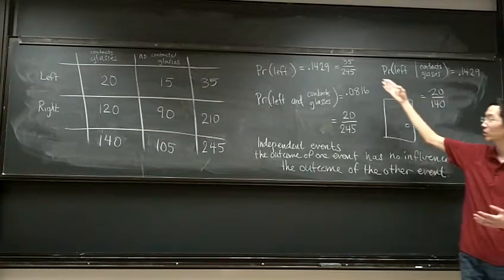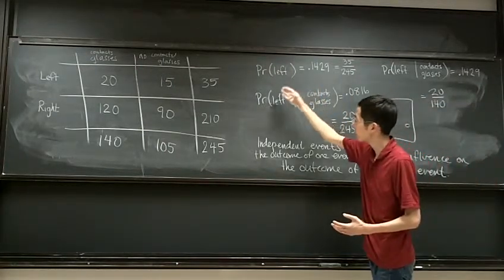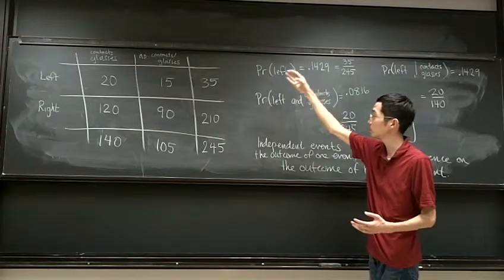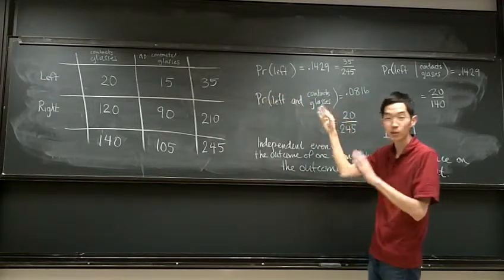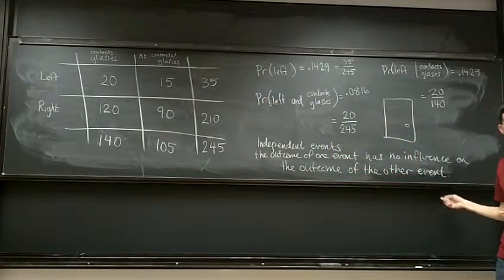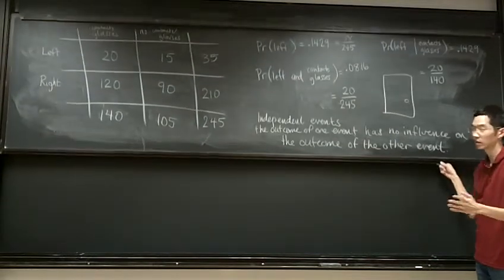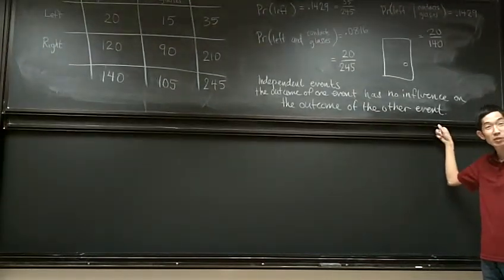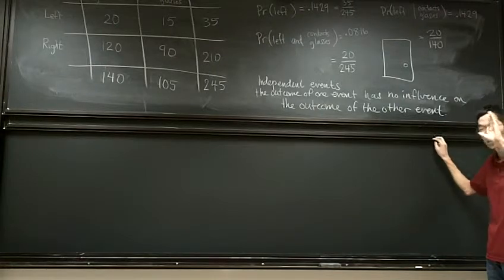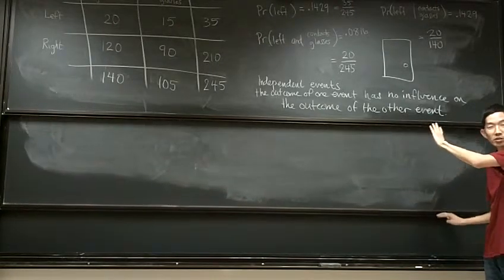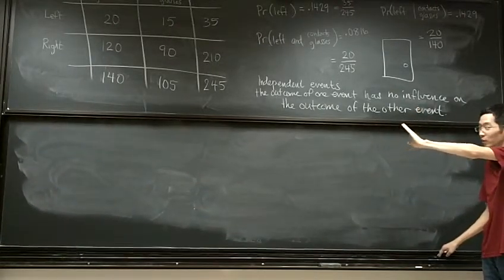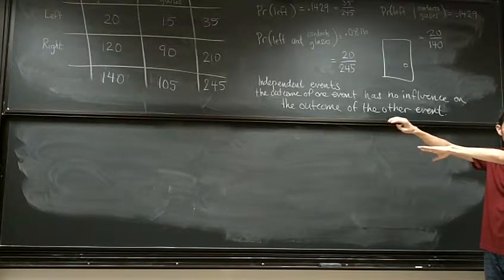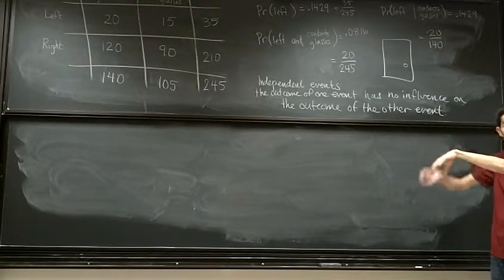Okay, so in this case, the probability that someone's left-handed and the probability that someone wears contacts or glasses, those events are independent. Is that concept okay? So if knowing something about the person doesn't change your probability of the other part, then those two things are independent.